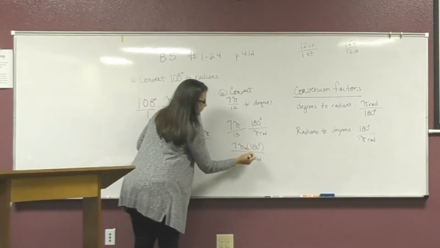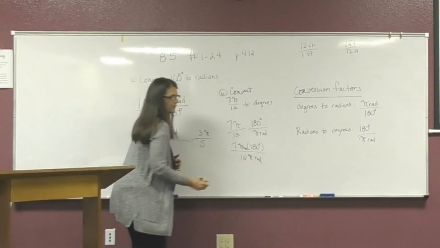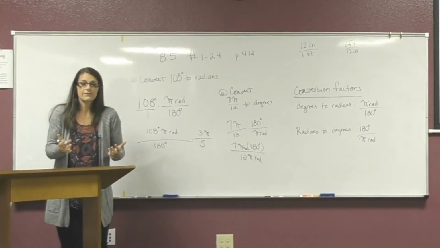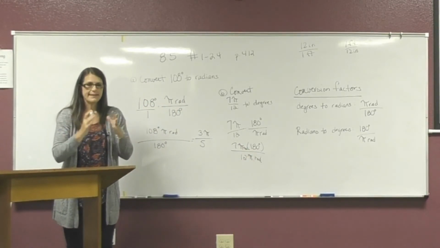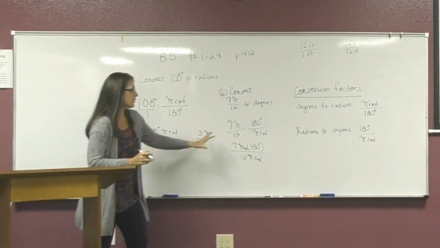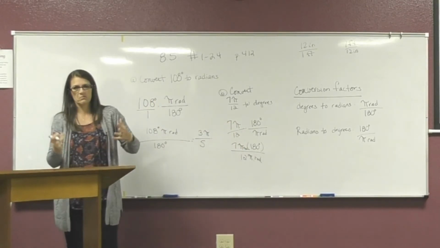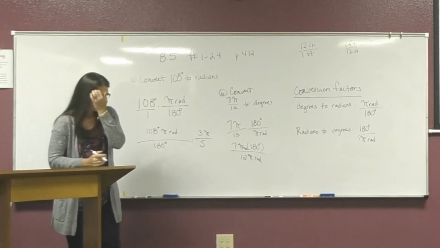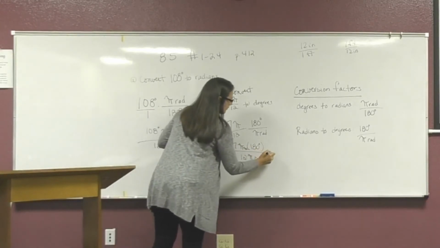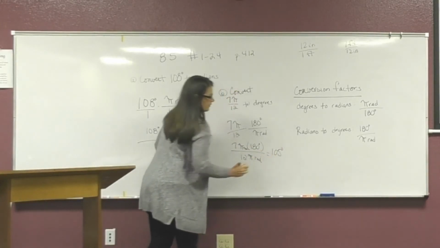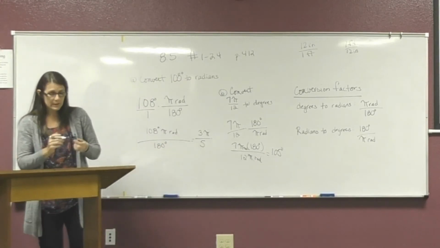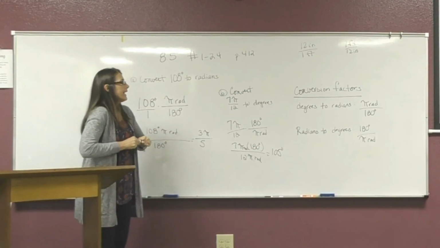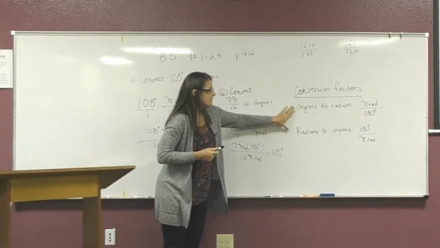So your pi's would cancel. All I have left is degrees as far as units go, so let your calculator do that math. Pretty easy math. So it would be 105. The math is really easy, okay? And even this is easy.